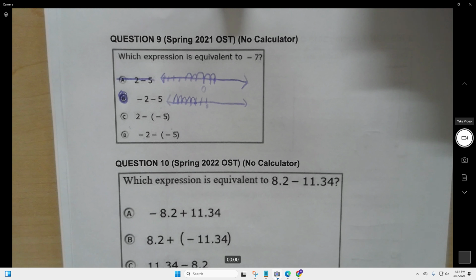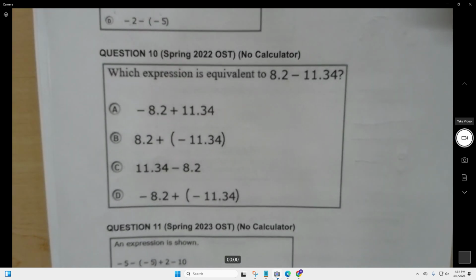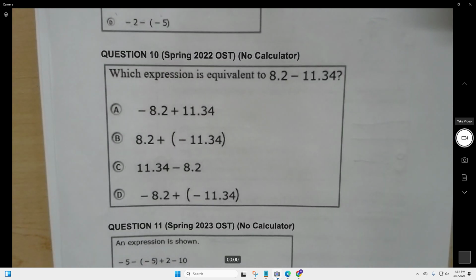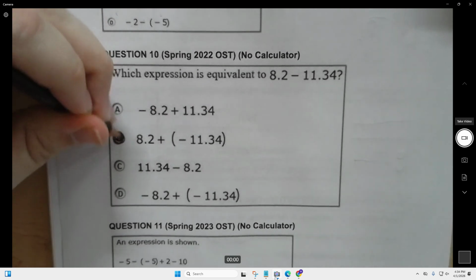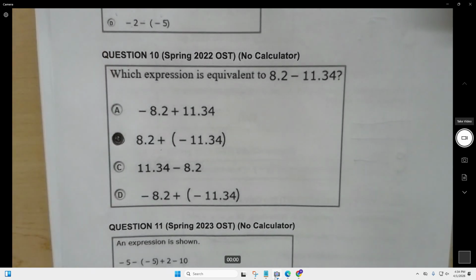Question 10. Which expression is equivalent to 8.2 minus 11.34? This is very similar to one we saw earlier, by which I mean the answer is pretty much going to be the same. It's B. It's the one where you just put the minus in parentheses and then stick a plus outside of it. If you want an explanation on that, that was question... Is that question 2?